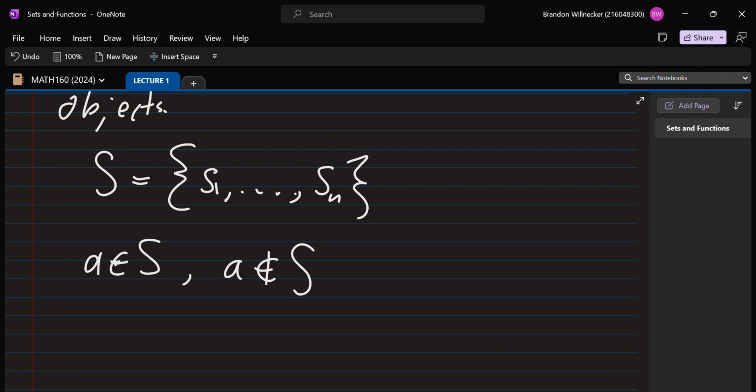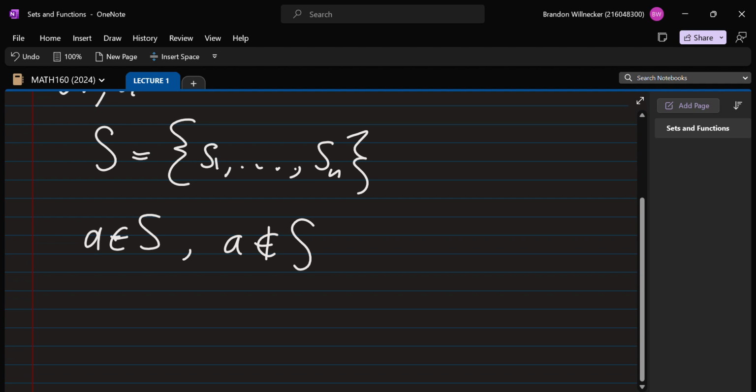So we have the little epsilon symbol and we cross it out. So in mathematics, when there's always two cases that could happen, we have the one case like that, and then the other case we usually just cross out. For example, in this case, A is in the set or A is not in the set. You always have that binary going on there.